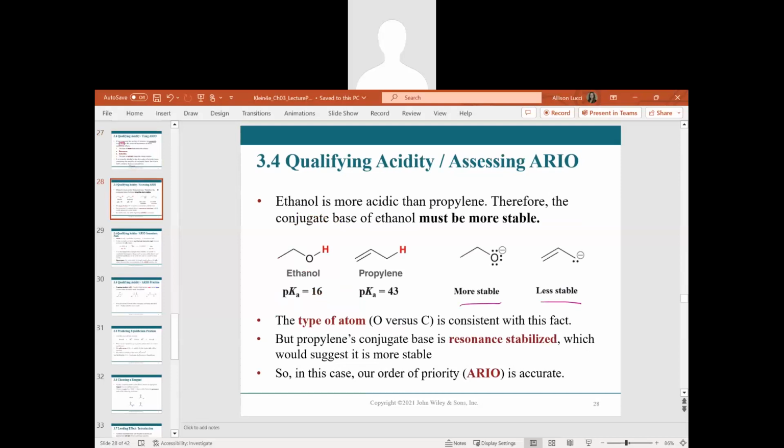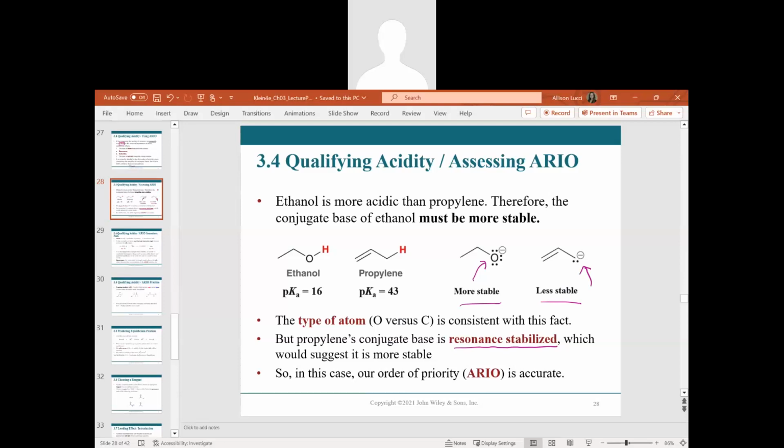So the type of atom would be what our consideration is here, which one is more electronegative. So oxygen here can stabilize that negative charge because it's more electronegative than a carbon. And also we can note that propylene's conjugate base can be resonance stabilized, which could suggest that it's more stable.